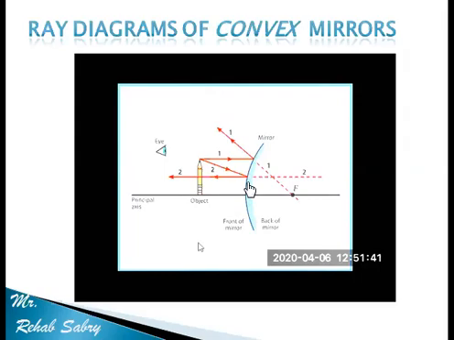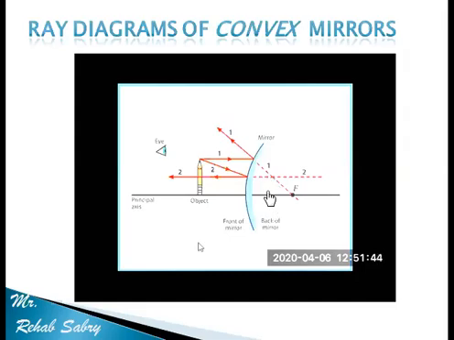And I told you that if the two rays are reflected far from each other, make their extensions meet each other. So I'll extend the first one and I'll extend the second one, so they will meet each other here. Wherever they meet each other, this is the image.